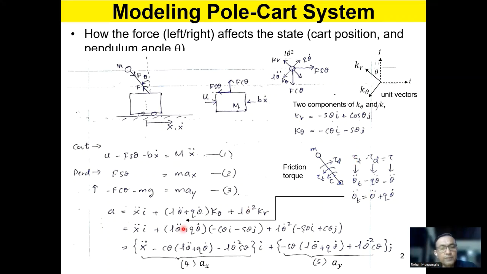Right. So with that, I write the acceleration A of the pendulum, simple A. This is the acceleration of the pendulum. I have to consider all of the acceleration, horizontal, vertical, etc. So I first write x double dot i, which is the acceleration of the cart. Pendulum is on the cart.